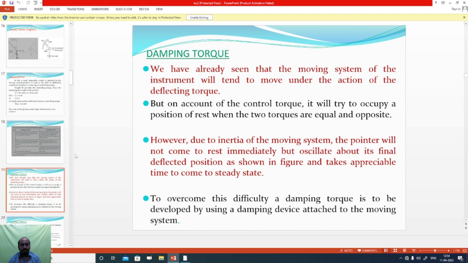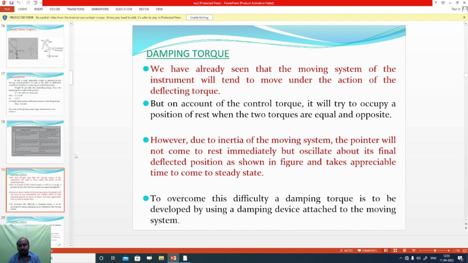The third one is a damping torque. We have already seen that the moving system will tend to move under the action of the deflecting torque. On account of control torque, it will try to occupy a position of rest when these two torques are equal and opposite.